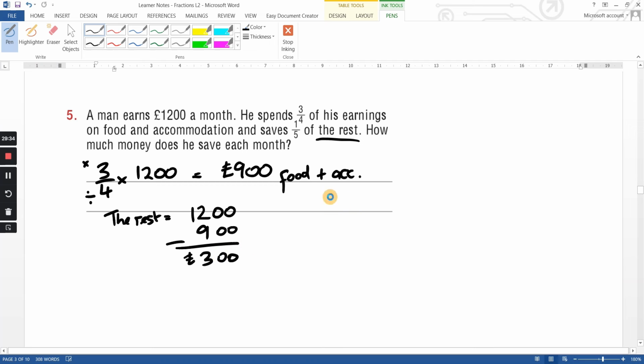So I need 1/5 of £300. Again, I'm just going to divide by 5. So how many 5s go into that? It's going to be 60. Yep, and that's going to be your answer, £60 each month.